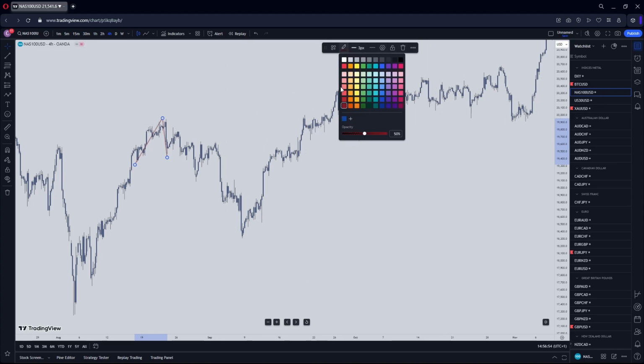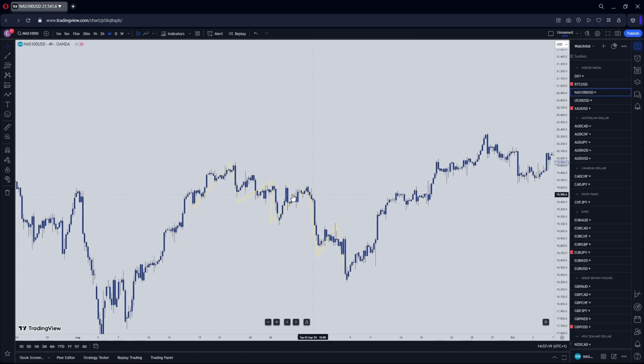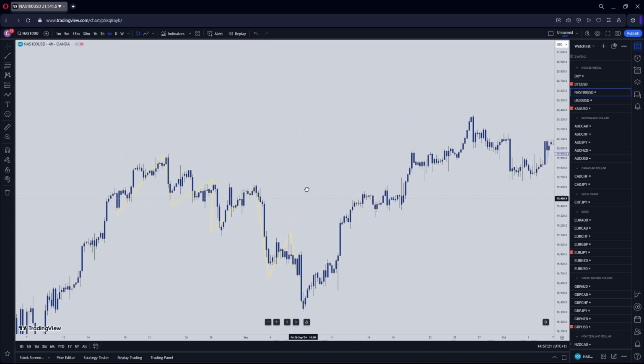Okay, let's use a color that will stand out. Let me use green. No, let's use yellow. Now, if you look at this market, what can we see here?